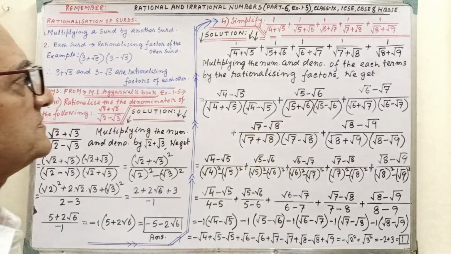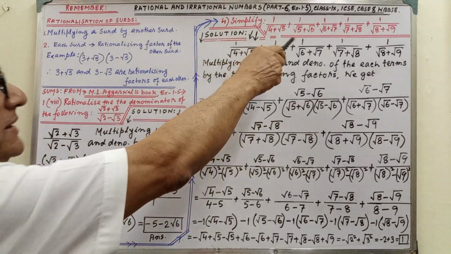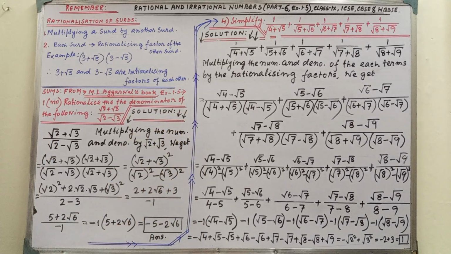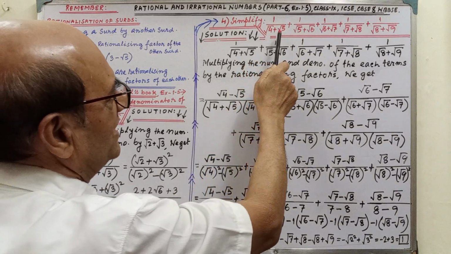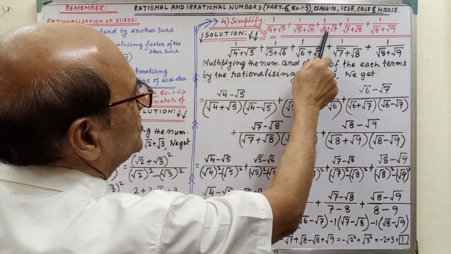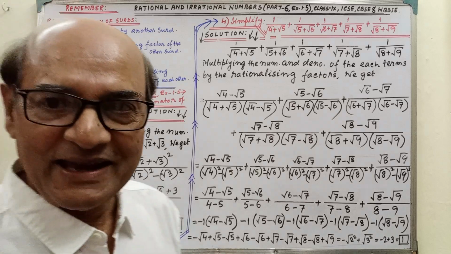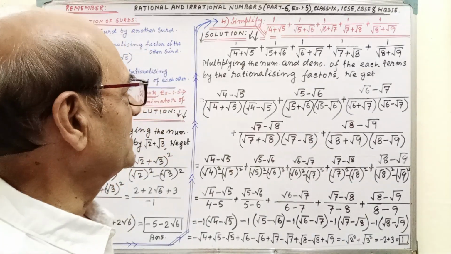Next sum. Simplify. Here one time we have done the rationalization. Here we have to rationalize 5 times. Same method, in the same way we have to proceed.